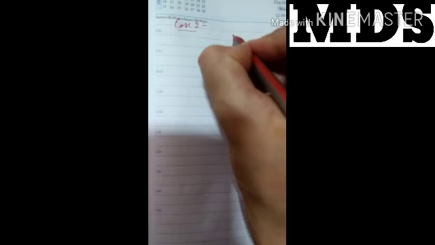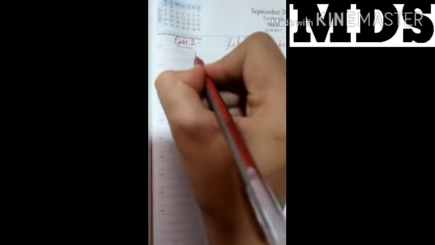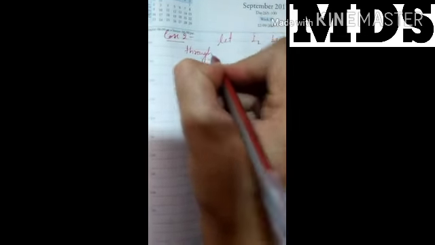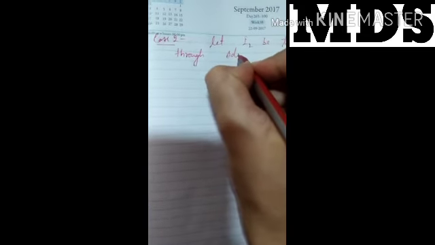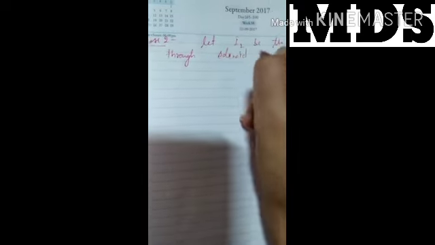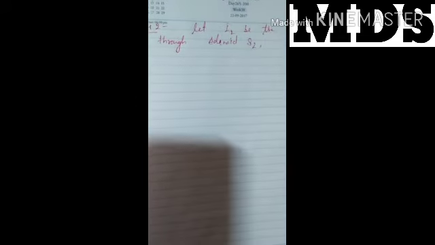Now in the same way, for the second case, for the first solenoid, let I2 be the current through solenoid S2.